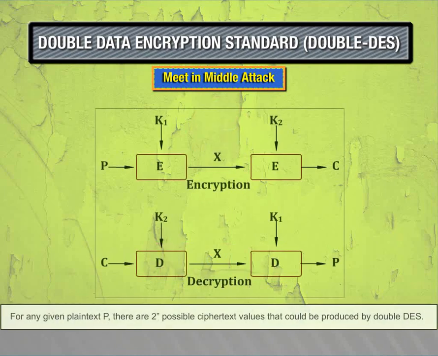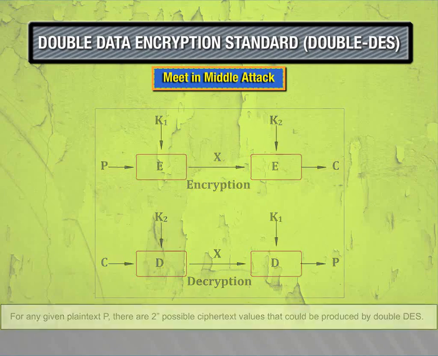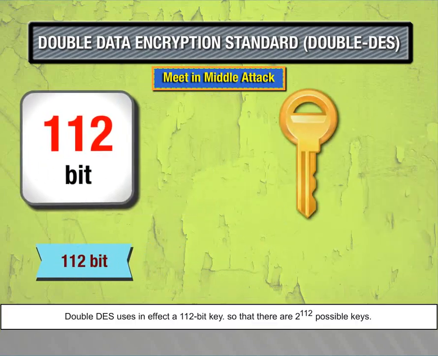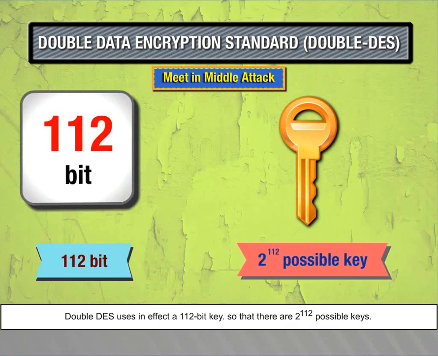For any given plaintext P, there are 2^64 possible ciphertext values that could be produced by double DES. Double DES uses in effect a 112-bit key, so that there are 2^112 possible keys.